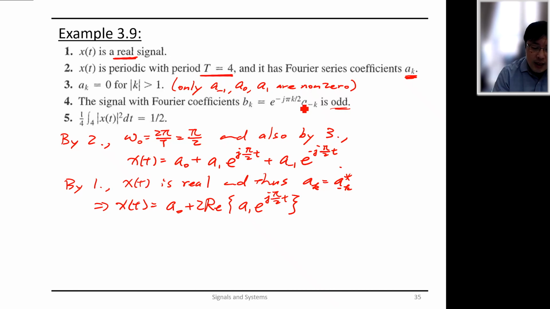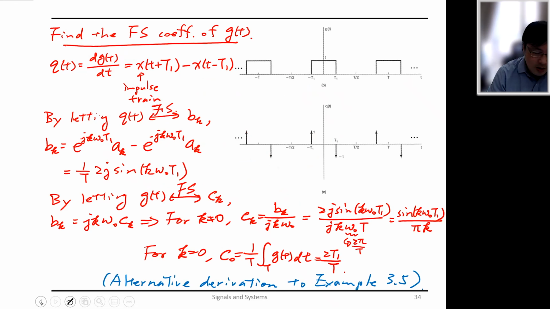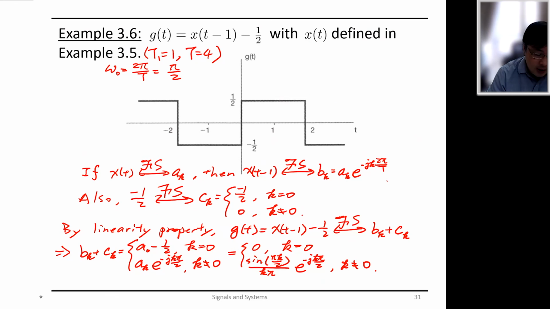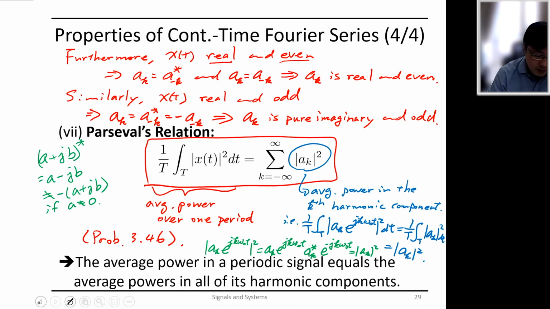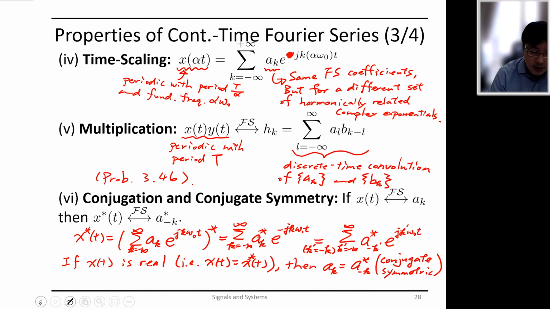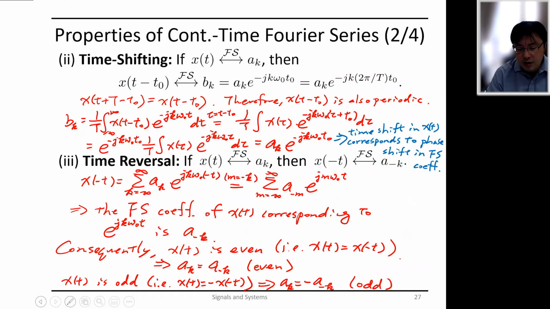So if you first look at a sub minus k, what signal will have a Fourier series coefficient that is equal to a time reversal of the Fourier series coefficient of x of t? We showed that the time reversal of x of t has Fourier series coefficient a sub minus k.